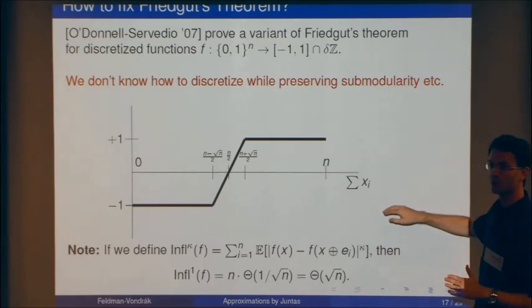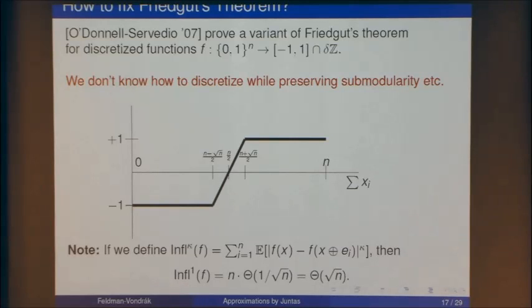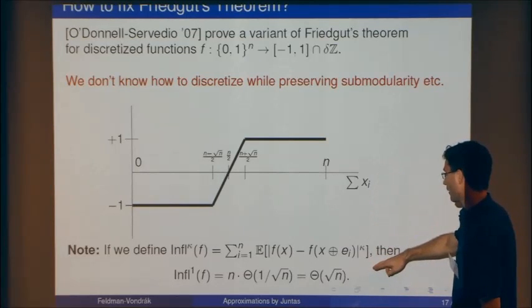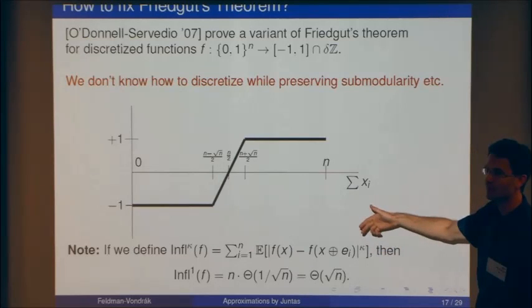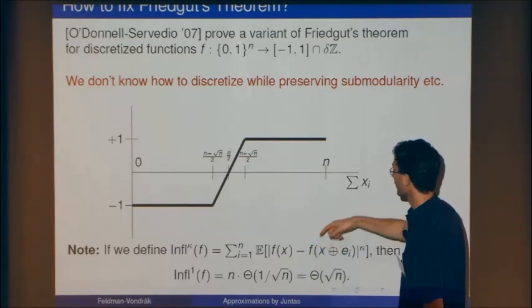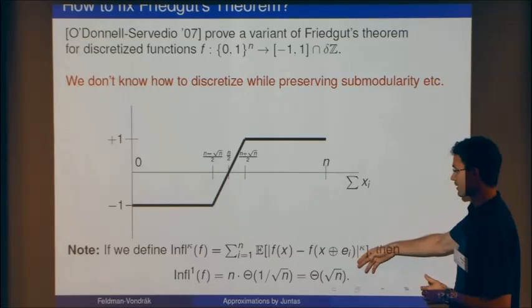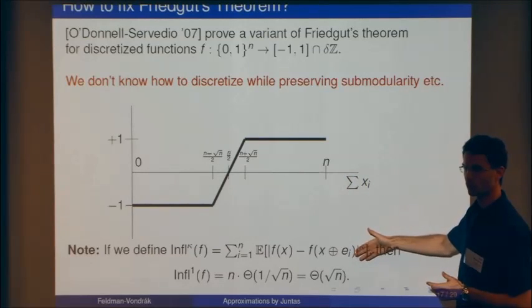There's no root here, there's no 1 over kappa. I'm defining it for kappa because I will use that later. But for this example, just by looking at the L1 influences, these are actually quite big. They're 1 over square root n. I have n of them, so they add up to square root n. So there's no problem in the sense that this is not the function that we would expect to have a good junta approximation.